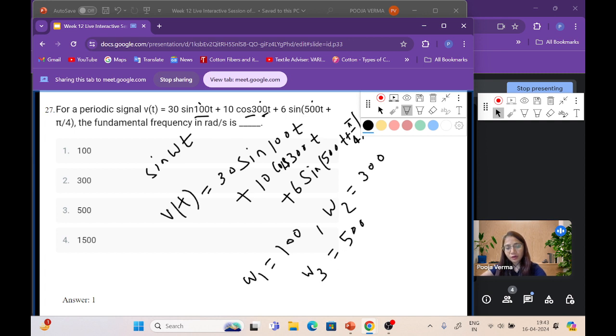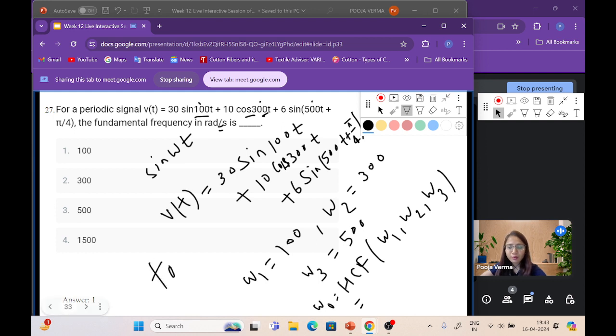We can find out the fundamental frequency from here by taking the HCF of the frequencies. It is the HCF of omega 1, omega 2 and omega 3 in order to find out the fundamental frequency. We need to find it in radians per second. That's why I am not finding the value of f naught.